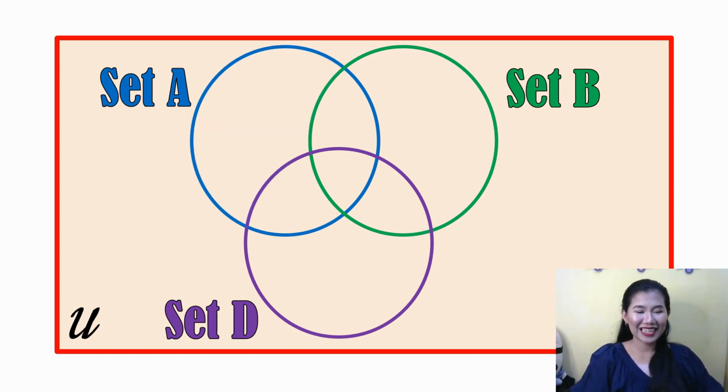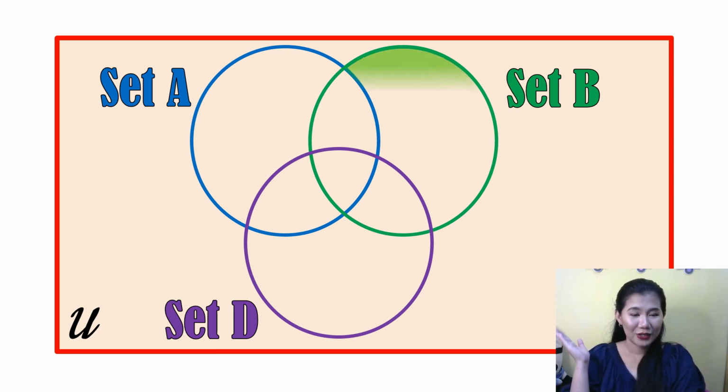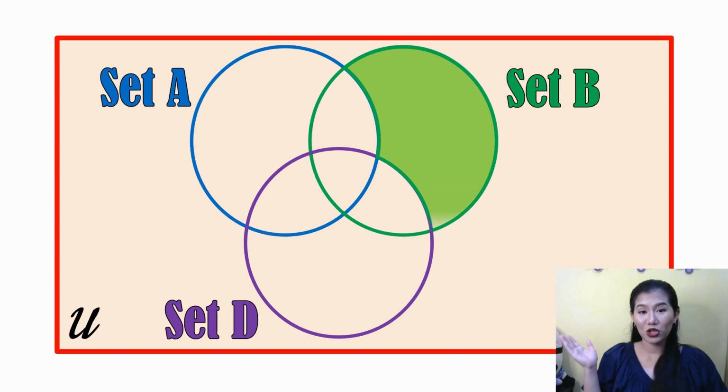Okay, so let us have the next one. The next one will go to the green, okay, for set B. And what I am going to do is that I'm going to shade that part, okay? So that portion tells us that it is the elements that belong to set B only. Okay?